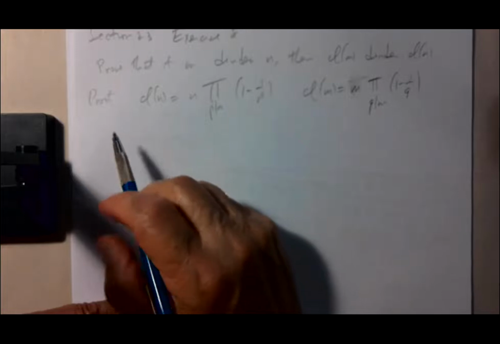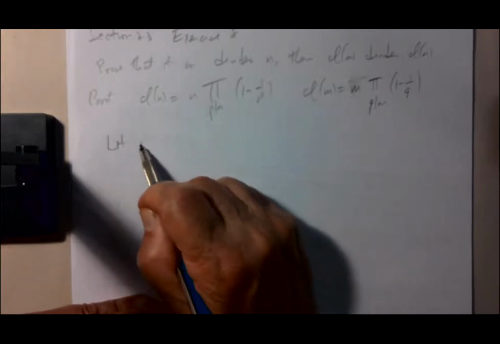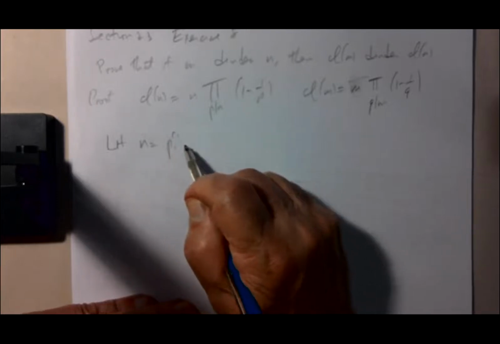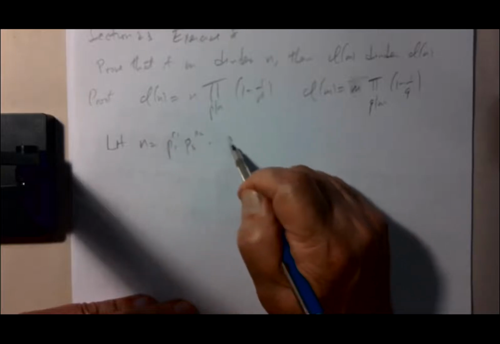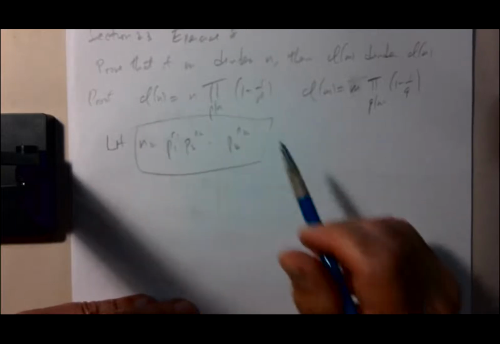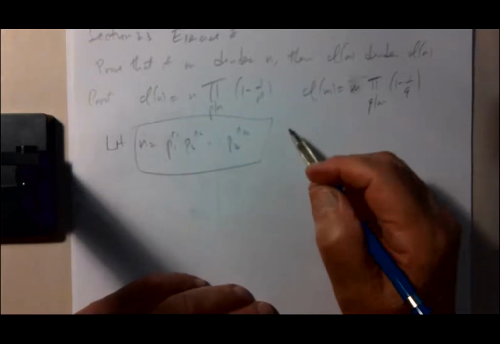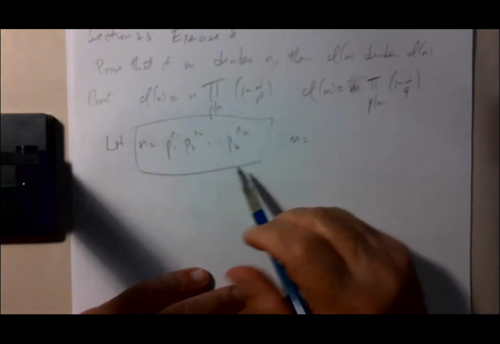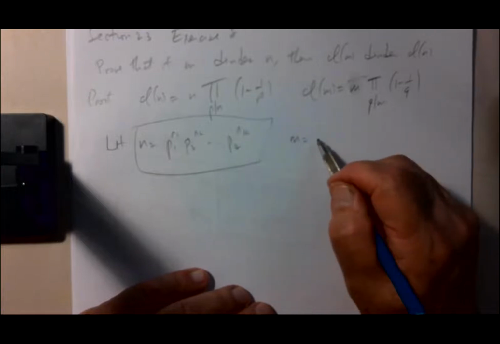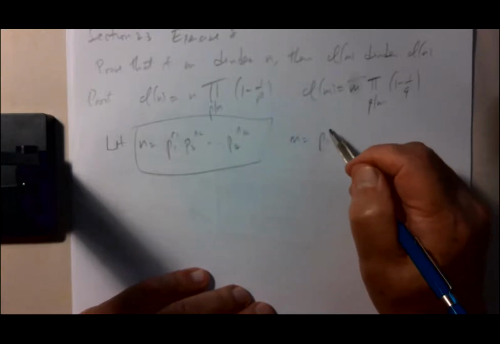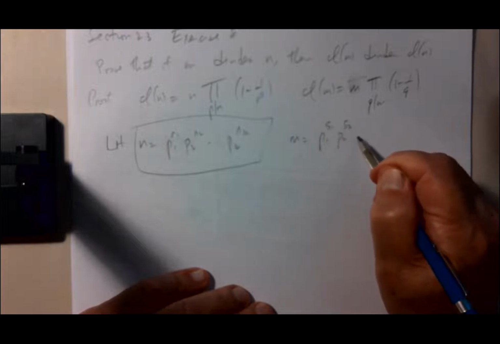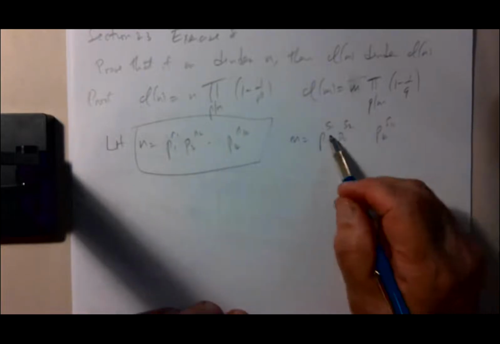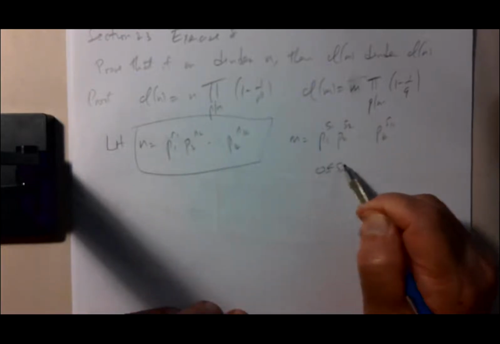Actually, let's also recall the following. Suppose N is a product of primes, say it's p1 to the r1, p2 to the r2, up to pk to the rk. This is just writing N as a product of powers of primes. And M divides N. So if a prime divides M, it divides N. So M is going to be some number of the form p1 to the s1, p2 to the s2, up to pk to the sk, where these exponents si could be 0.